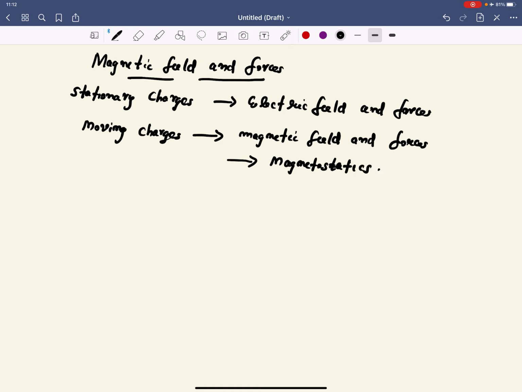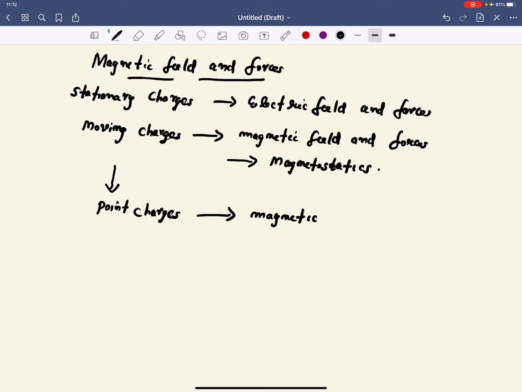The important point here is that we cannot simply borrow the concept of point charge here. We said the charges are moving, but what kind of charges are we going to discuss? They are not simply point charges, because in magnetism there are no magnetic monopoles.